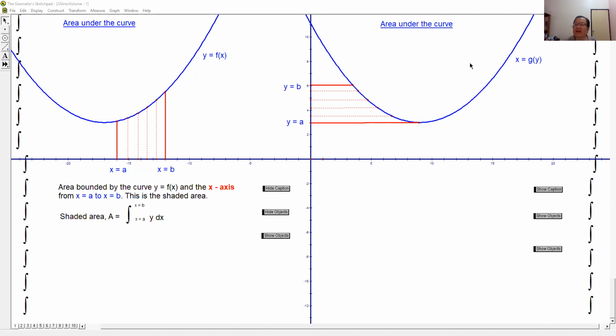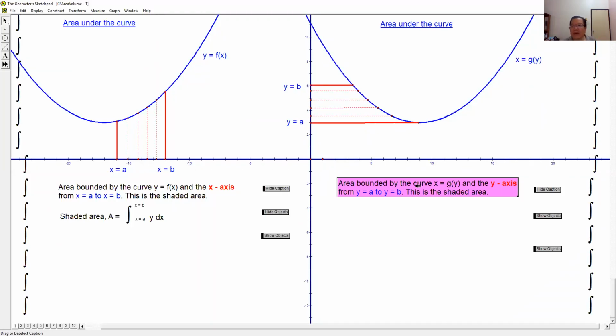Now we look at the other type of area over here. This area is bounded by the curve, the y-axis, and the lines y equals a and y equals b. This is the area bounded by the curve x equals g(y).